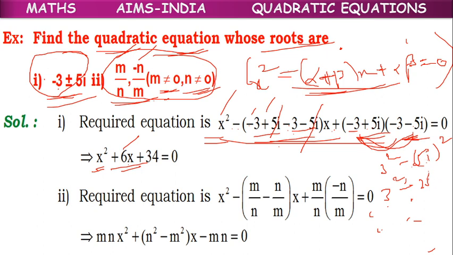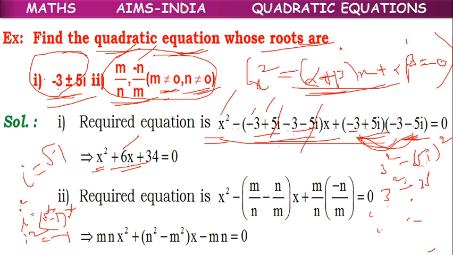But what is i? i means root of minus 1. Then what is i square? Root of minus 1 whole square; the square root cancels, so i square equals minus 1.